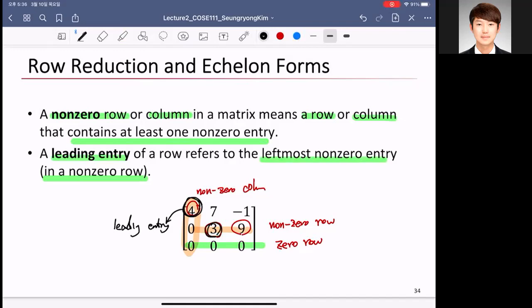And this one is the leading entry of row 2, or second row, right? So this is the definition of the leading entry.